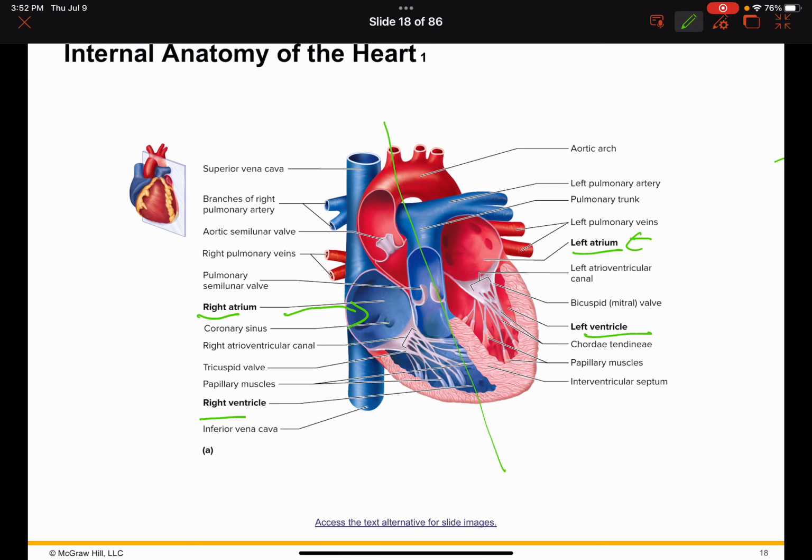The 2 lower chambers are the right and left ventricles. So the ventricles pump blood away from the heart, either for the pulmonary circulation, deoxygenated blood to the lungs, or it will go for the systemic circulation, which is oxygenated blood.